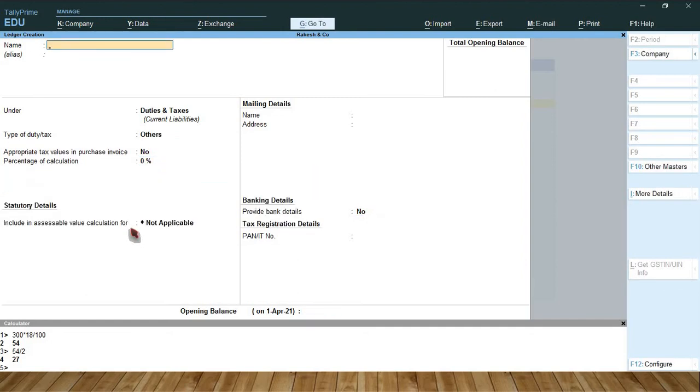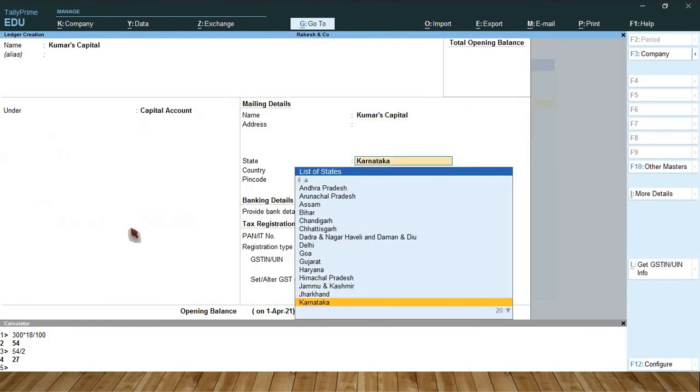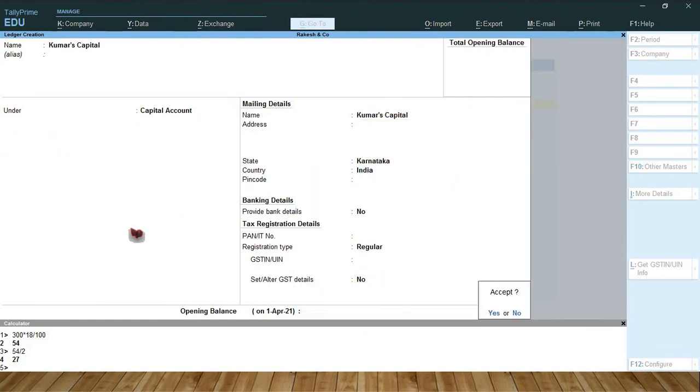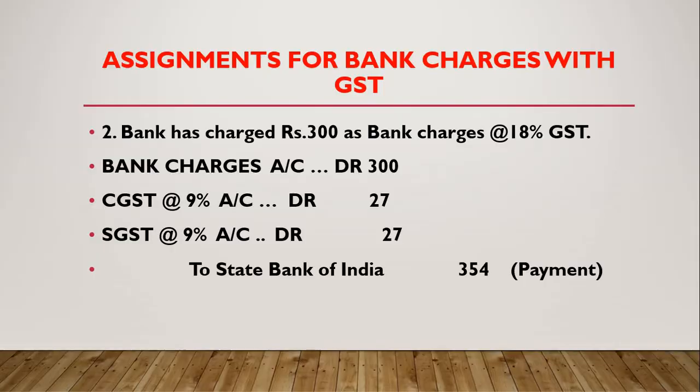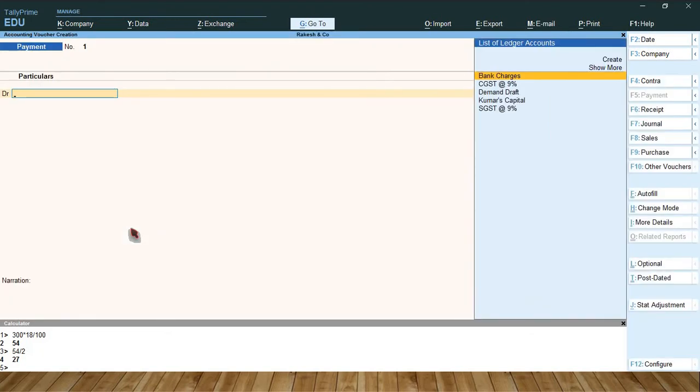And create one more supporting ledger, that is Kumar's capital, under capital account, accept. Pass one receipt entry to avoid a negative balance in the bank ledger. Go to accounting vouchers, press F6, pass one receipt transaction.